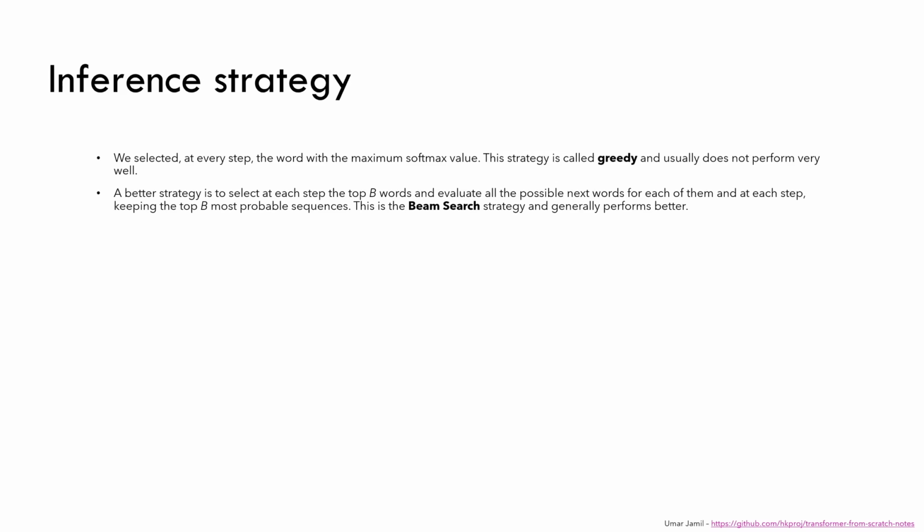In beam search, instead of greedily taking the maximum softmax value, we take the top B values, and then for each of these choices we infer what the next possible tokens are at every step, and we keep only the B most probable sequences and delete the others. This is called beam search, and generally it performs better.